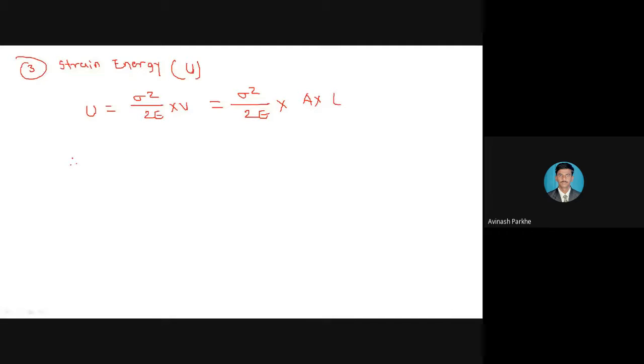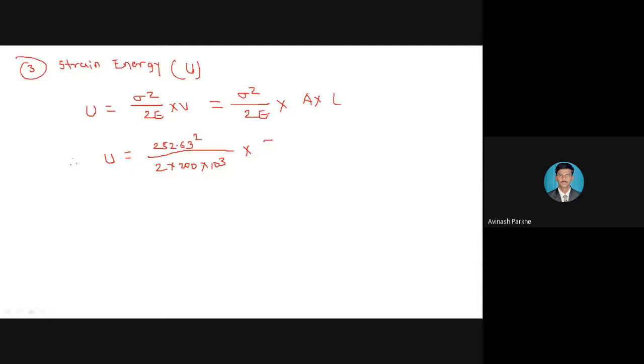Now I have to calculate the U, which is equal to sigma. Just now we have calculated how much? 252.63 square, because sigma square is there, divided by 2 into 200 into 10 raised to 3 into volume. Volume is equal to area into length.